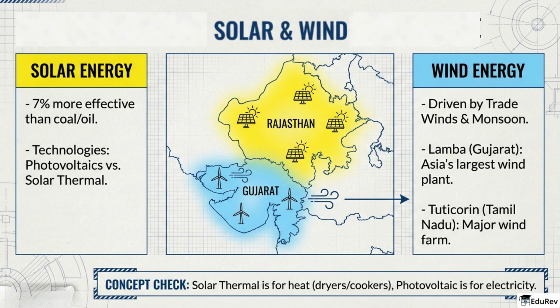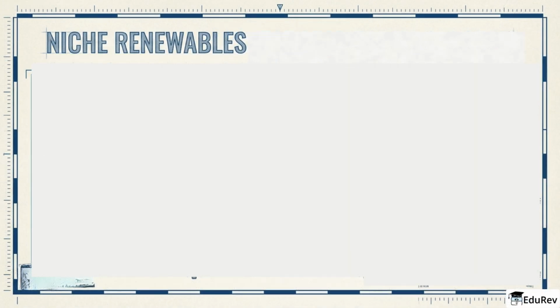The map gives you two important associations: Lamba in Gujarat as a major wind center and Tuticorin in Tamil Nadu as another major wind farm zone. Here's the distinction you cannot afford to miss. Solar thermal is for heat. Photovoltaic is for electricity.